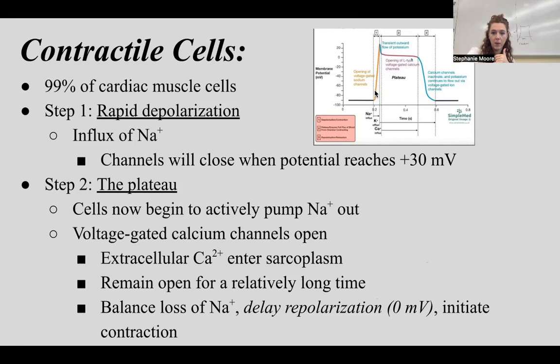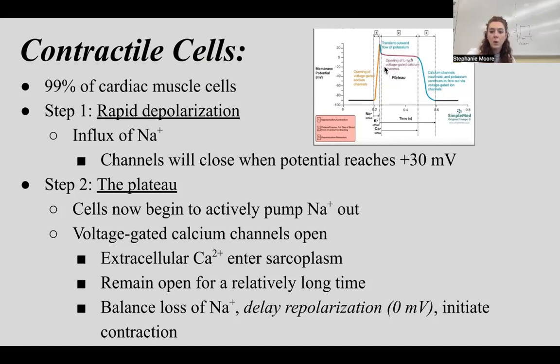Right, so here we have rapid. I'm pointing to this little thing here. Okay, and then the transient outward flow of potassium, that's extraneous. We're going to talk about potassium here just with repolarization.